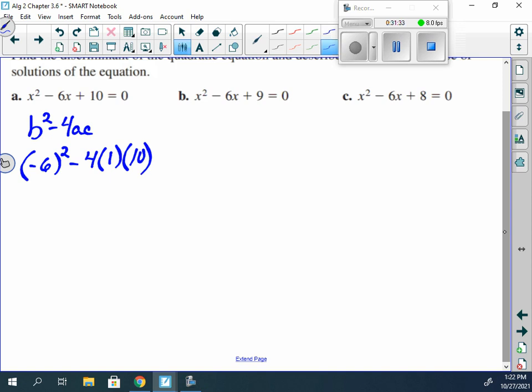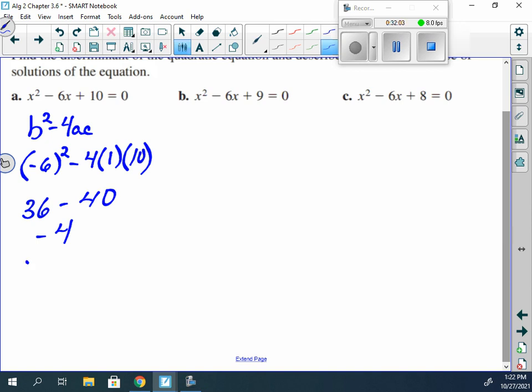Now at this point we could type this whole thing into the calculator and it would give us an answer. Now -6 squared is 36. Minus, well, 4 times 1 is 4, times 10 is 40, and 36 minus 40 is -4. So b squared minus 4ac is less than 0.